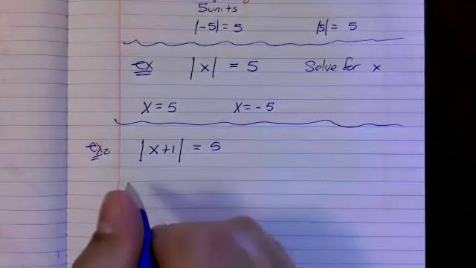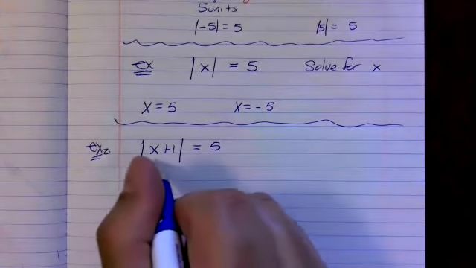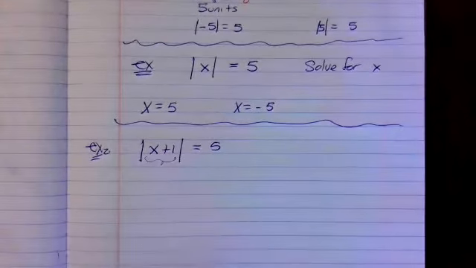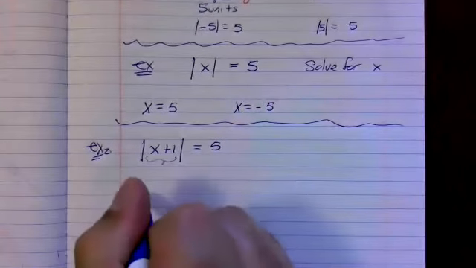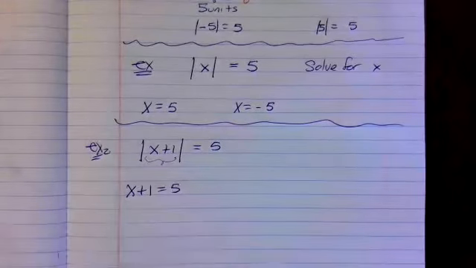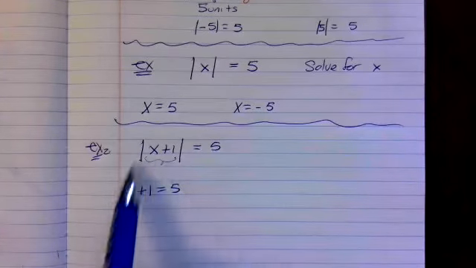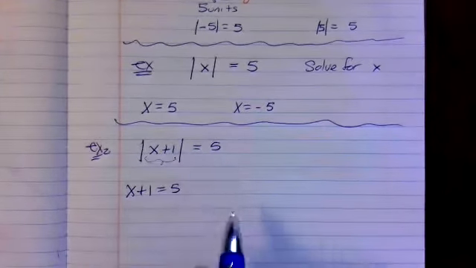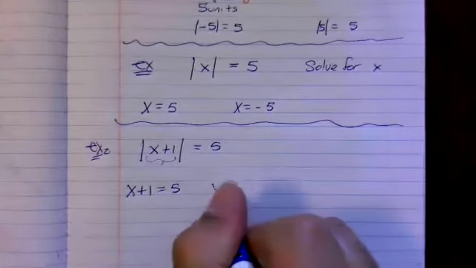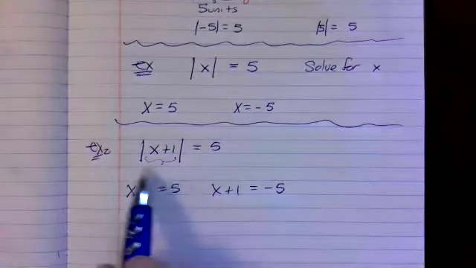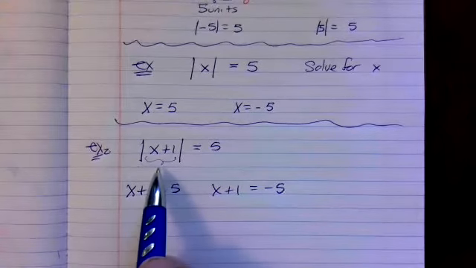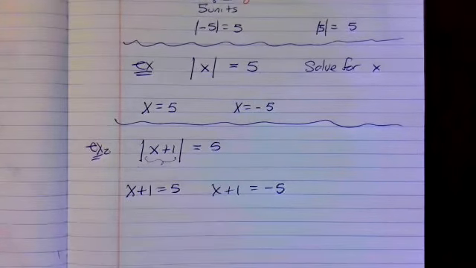So I could rewrite this. Whatever this value is, it's stating it's equal to 5. So I could say x plus 1 is equal to 5, obviously. But since I have the absolute value here, it could also be equal to -5. Because if this was a -5 in here, the absolute value of -5 would also equal 5.